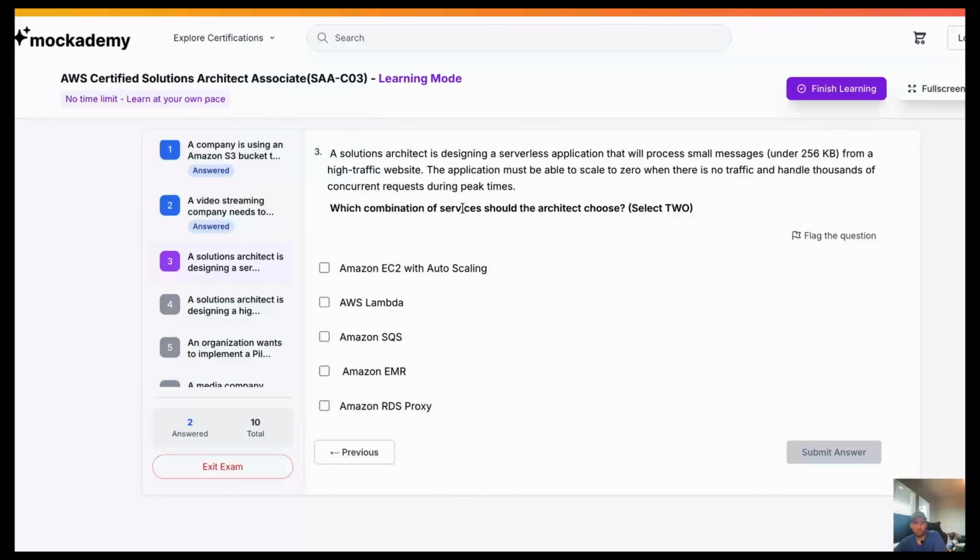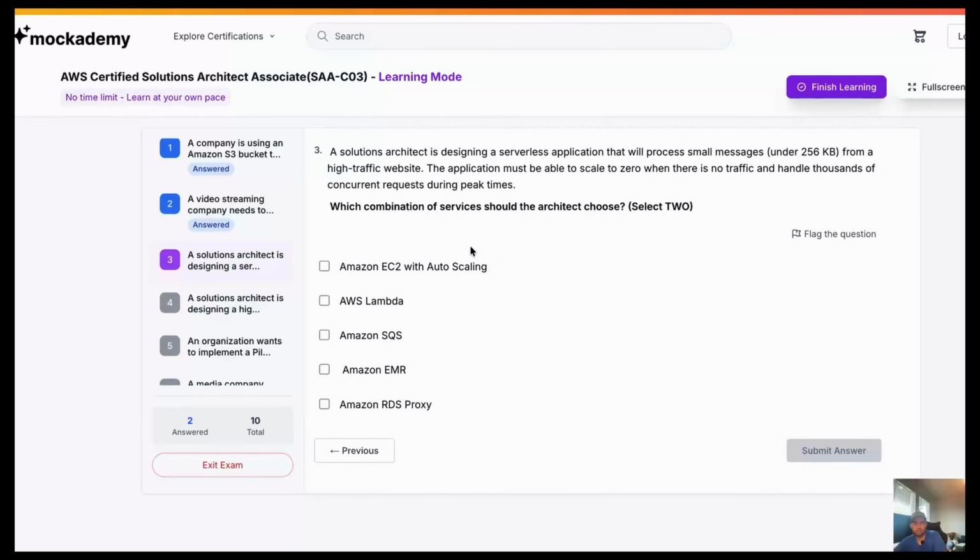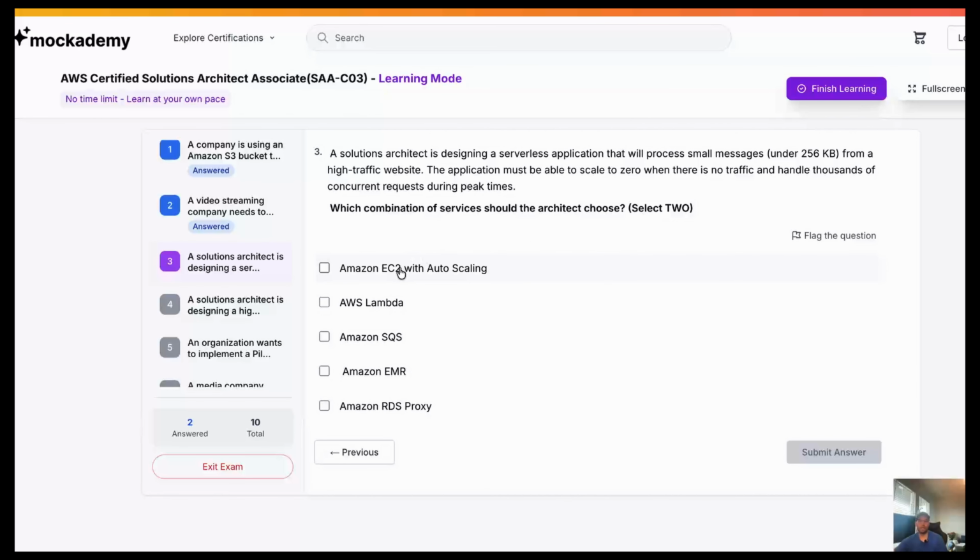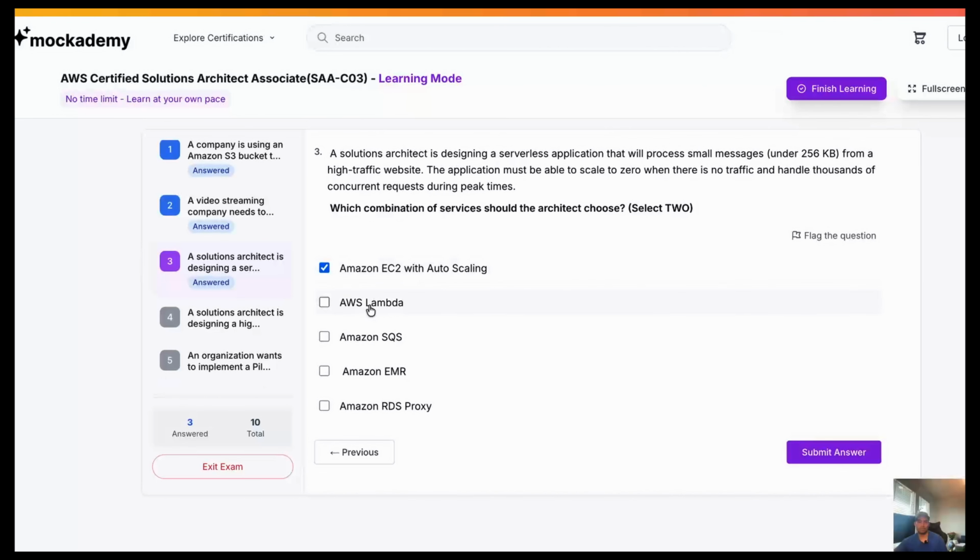Which combination of services should the architect choose? Option 1, Amazon EC2 with auto scaling, AWS Lambda, Amazon SQS, Amazon EMR, Amazon RDS Proxy.